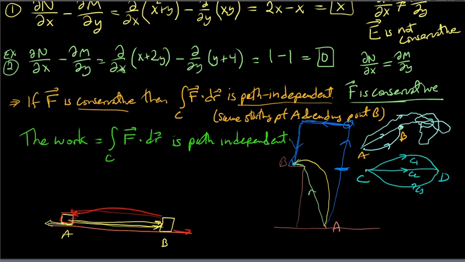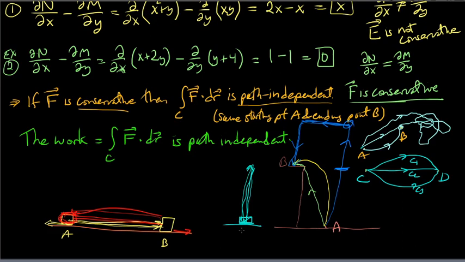So you're doing positive work to move it from point A to point B and then back to point A, even though you end up at the same place. As opposed to gravity, where if you lift something up and then just drop it, the total work done is zero, even though you're doing positive work lifting it up. Gravity will then do negative work when it falls back down to the ground.